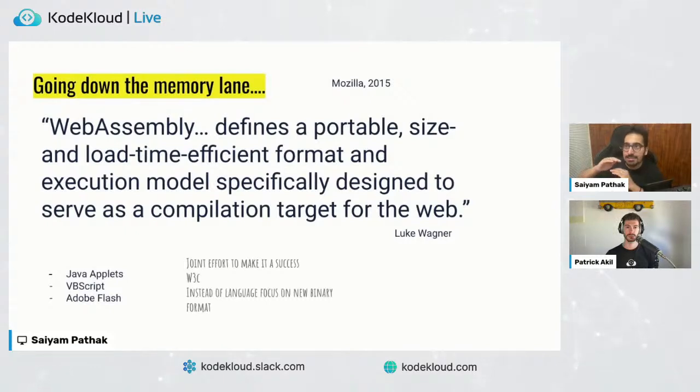Now, this very well defines and gives the context of WebAssembly. It's a compilation target. What does that mean? You have a code, you compile that code and you run it. So WebAssembly is a new type of compilation target that compiles to a new type of format, which is a universal bytecode that can run on any platform.